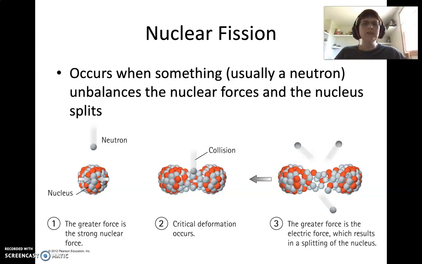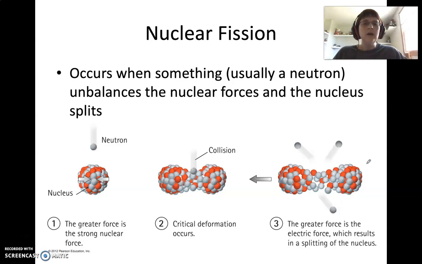Now in this picture, it looks like it's equal. It doesn't have to be an equal split. That neutron could split it into two unequal nuclei. But the point is that fission means to divide or to split. And so we're going to get two new nuclei, and generally you're going to get some neutrons coming off of this fission, this split.